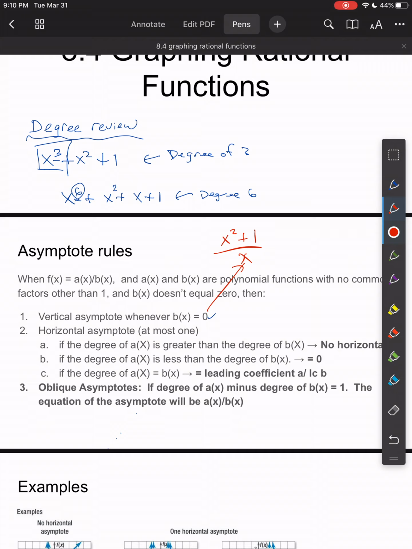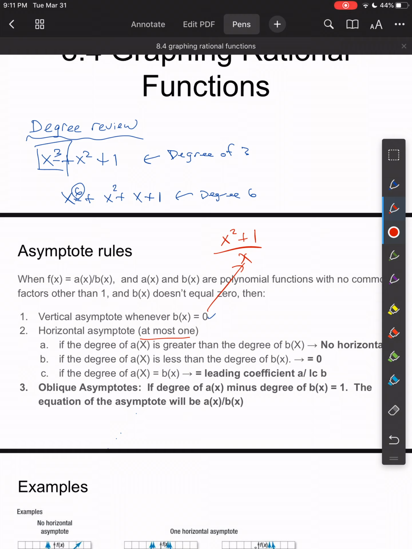I think you guys should be familiar with that, but let's move on to the second rule, which you probably are not very familiar with because we haven't really talked about it yet. That's the horizontal asymptote. There's at most one horizontal asymptote. With vertical, we can have multiples, but with horizontals, we'll only have one. There are 3 possibilities for the horizontals.